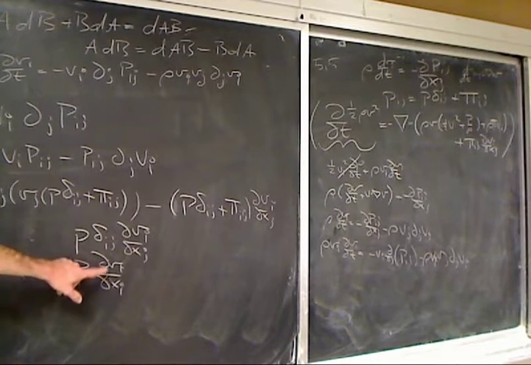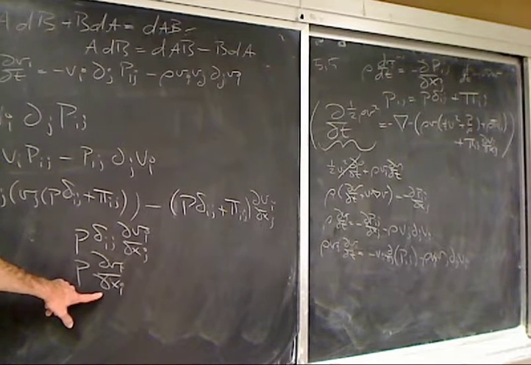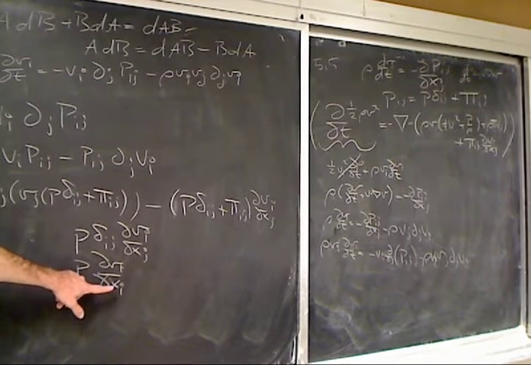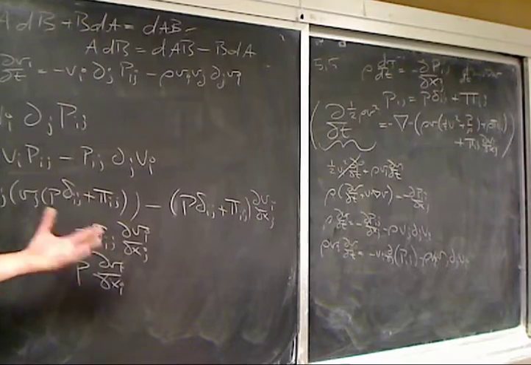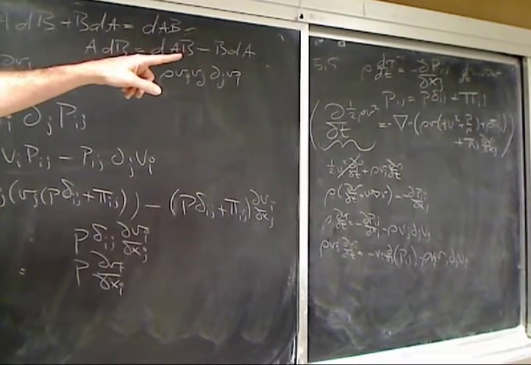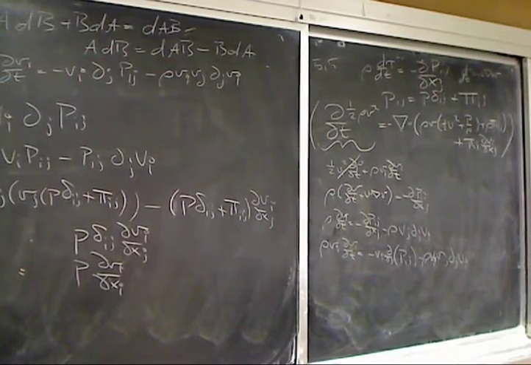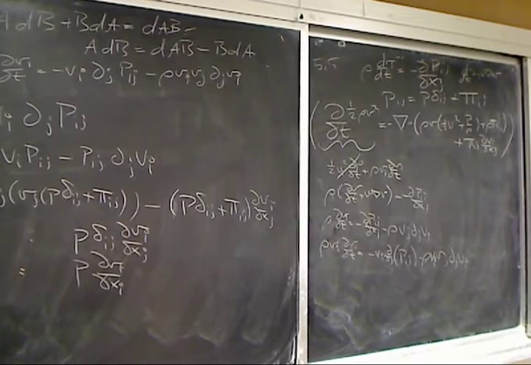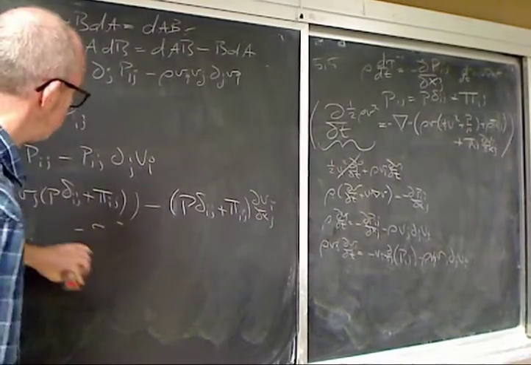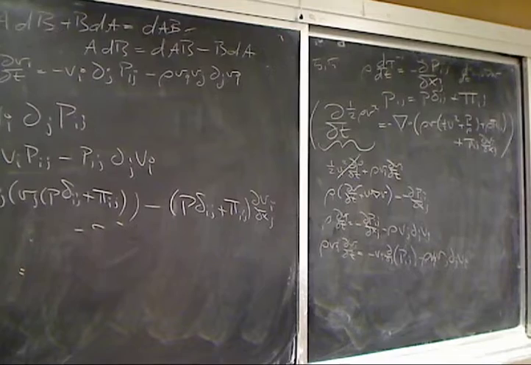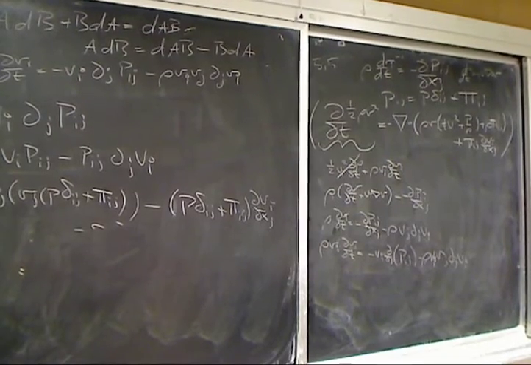What is ∂vi/∂xi? Why is it 0? Because it's incompressible. Because ∂vi/∂xi is div v, and because it's incompressible, because of what I said over there, this term is 0, so this term goes away. So I'm left with, let's write over here, ∂/∂t of 1/2 ρ v squared. That's where I started.